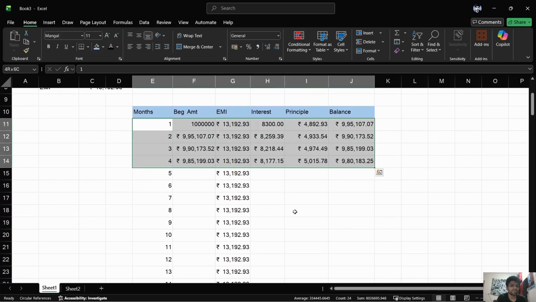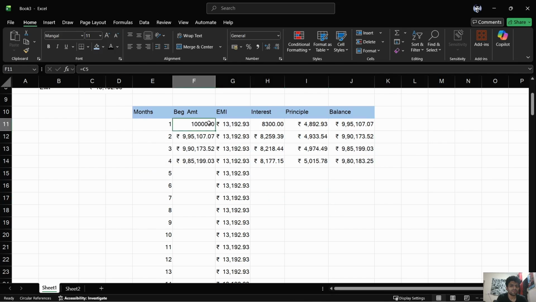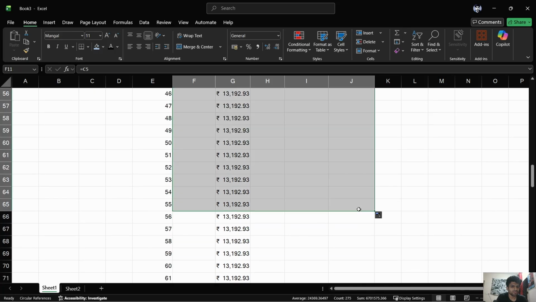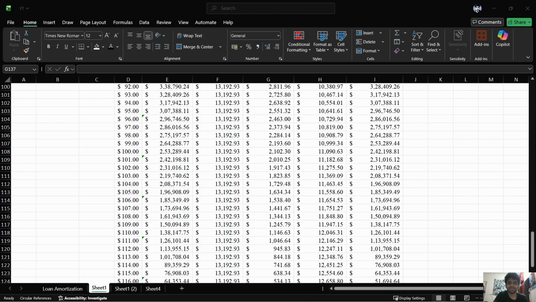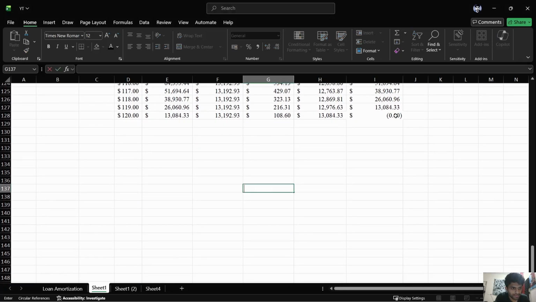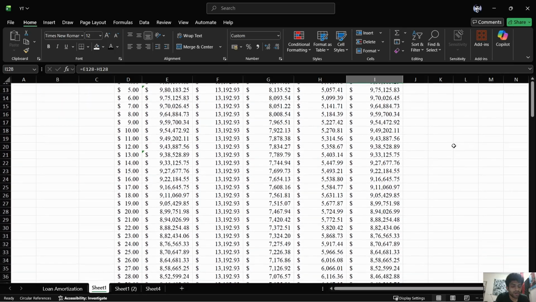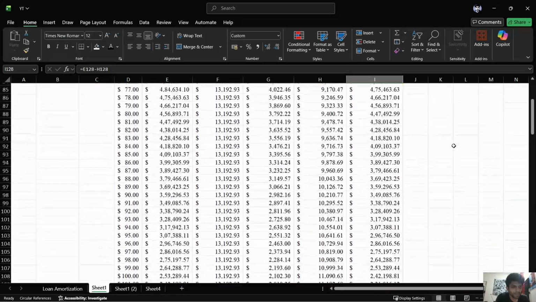The months are already dragged down. As we can see, the final amount has come to be zero. That is, the outstanding balance has come out to be zero.